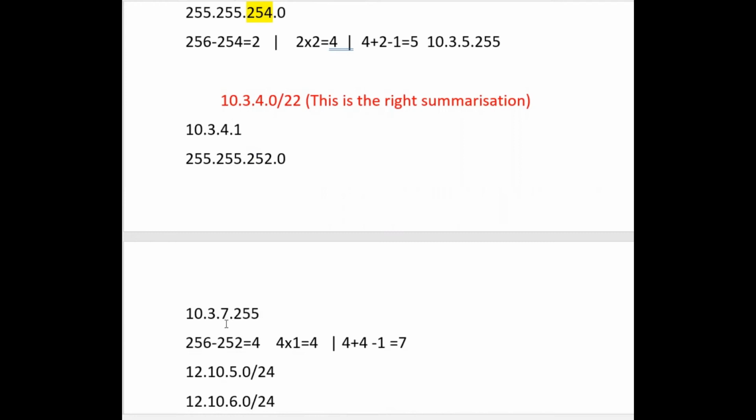So 256 minus 252 gives us the magic number 4. We compare this 4 with the number 4 in our subnet.